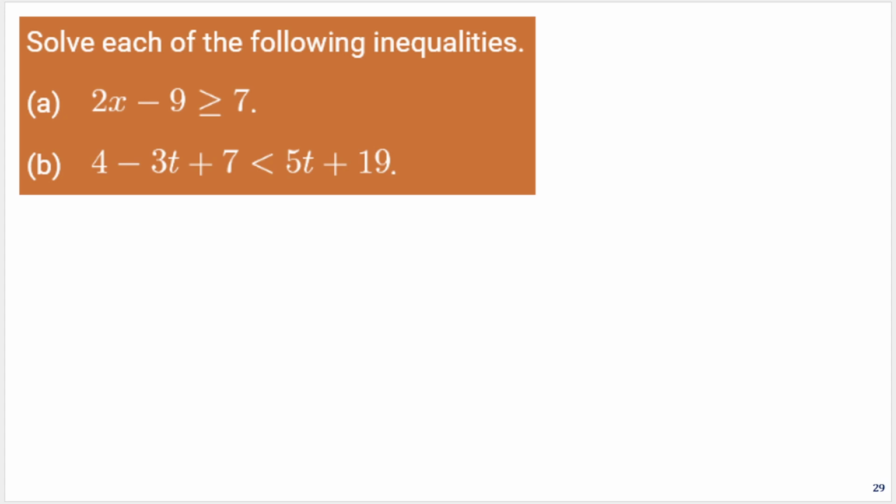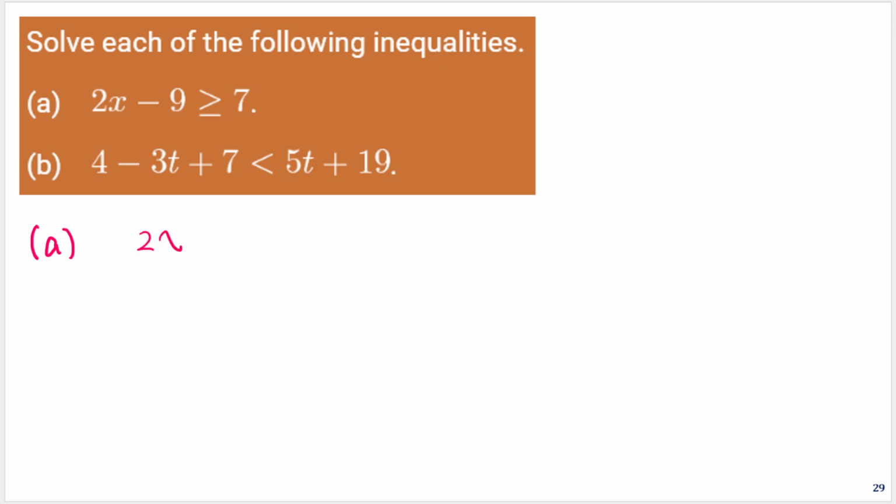Okay, have we finished? The first one, if you want to solve the inequality, the method should be similar to the one we use in solving equations, right? So we simply separate the unknown variable x and the constant number.